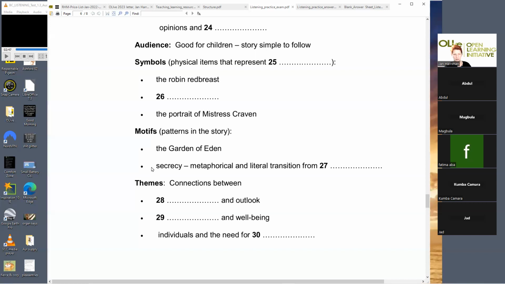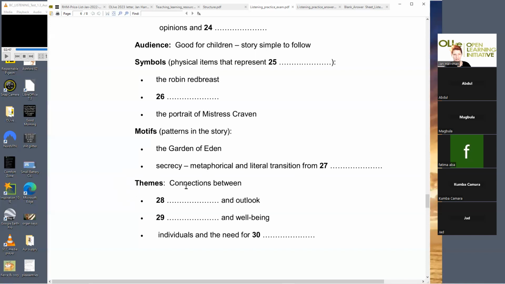So motifs, patterns in the story. Secrecy, medical is a metaphorical and literal transition from. Okay, pretty complicated, hard to make a guess on from here. We'll simply have to listen and find out what it means.